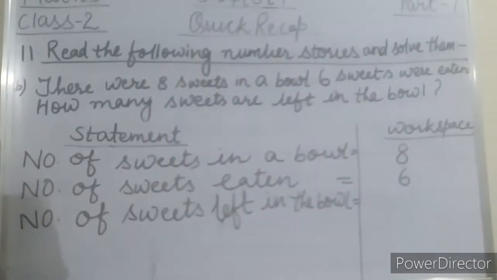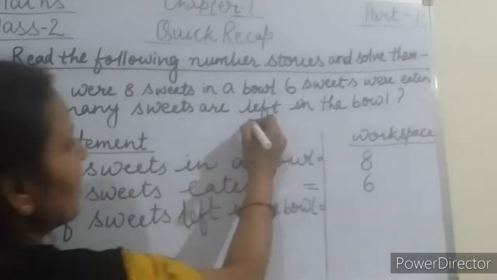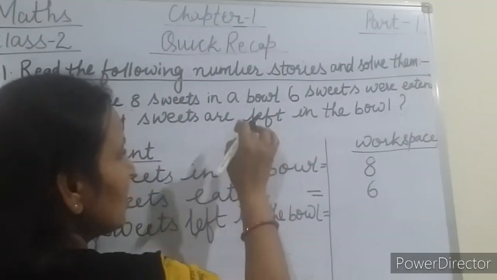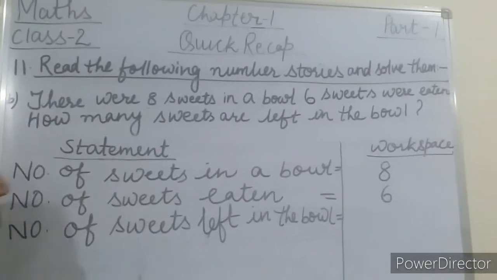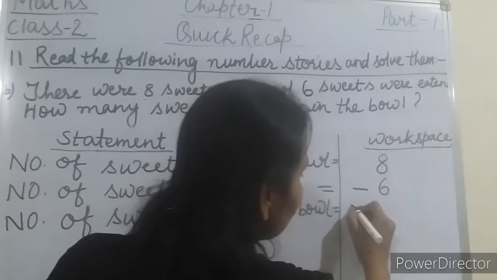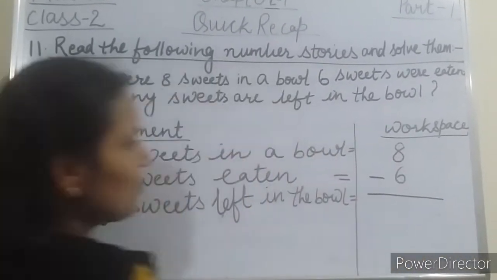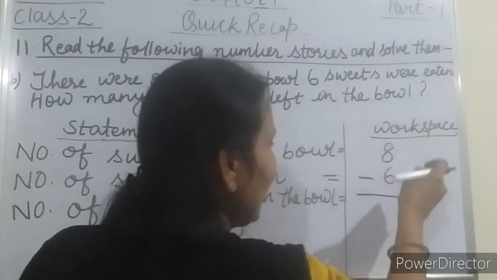So students, what do you have to do here? When there is left or taken away, what do you have to do? You have to subtract. So here we will give the subtraction sign. And 8 minus 6, we are taking 6 sweets from 8.